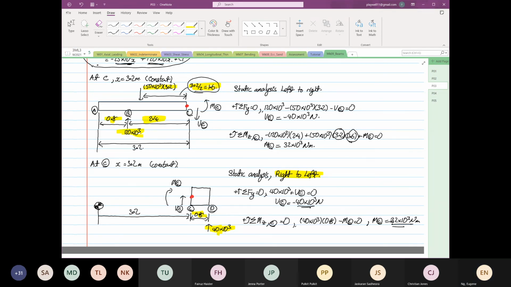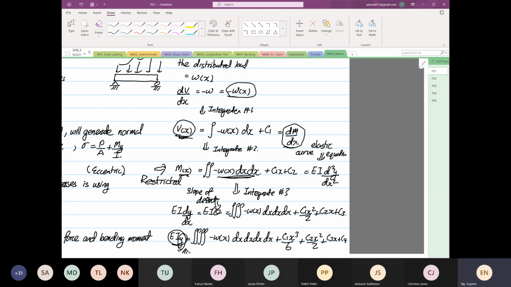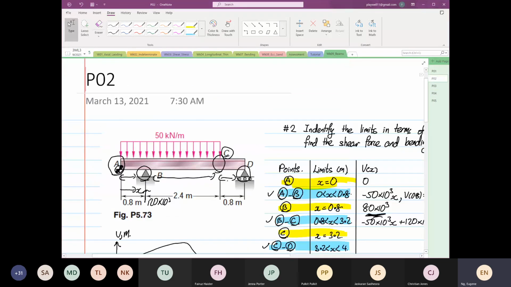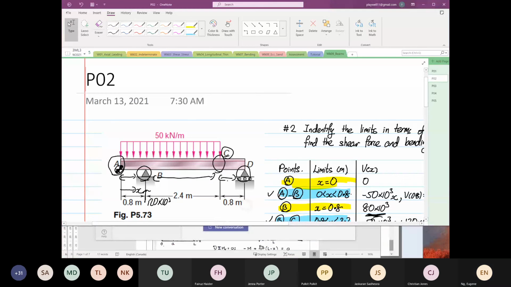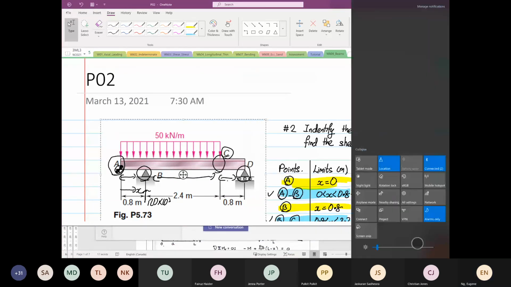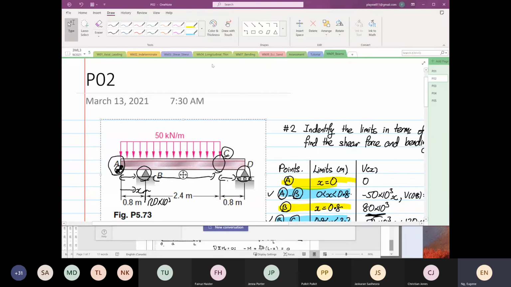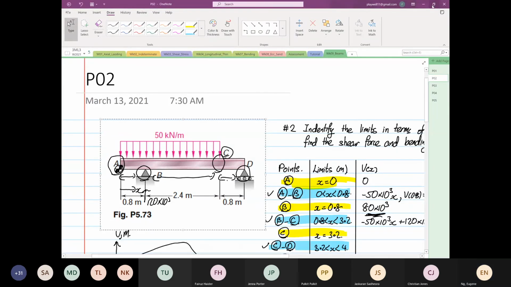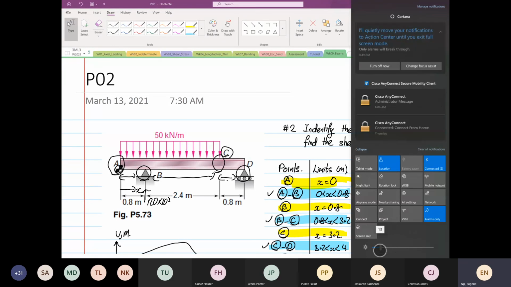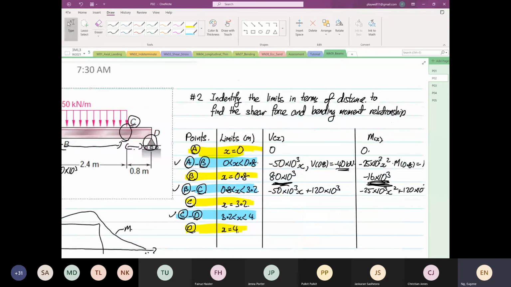Right. So now before I go on, we have found our relationship. I have to dim my brightness, because otherwise the computer will crash. So we know now the x, which is 3.2, is minus 40 times 10 to the power 3, and this will be 32.